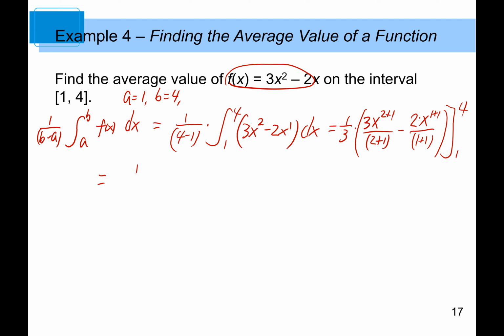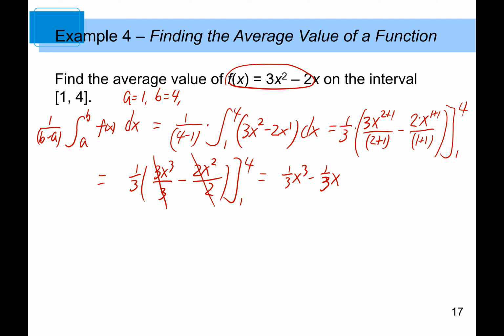Now it becomes 1/3 times 3x cubed over 3 minus 2x squared over 2. Let's simplify, cancel 3 on the first term, cancel 2 on the second term. So we end up with 1/3 times x cubed minus x squared, from 1 to 4.